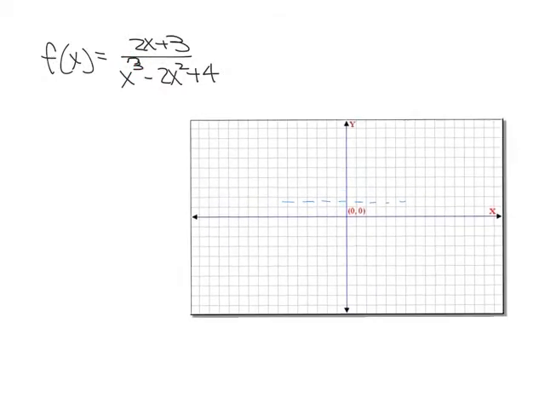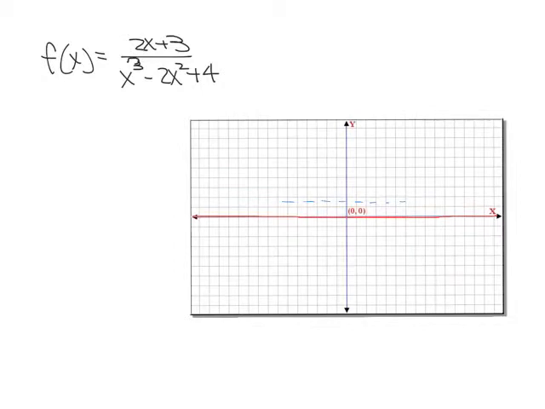When we get a situation where the numerator's exponent is less than the denominator's exponent, the horizontal asymptote is the x-axis. Not very hard there. So numerator is less than the denominator. The horizontal asymptote is the x-axis.